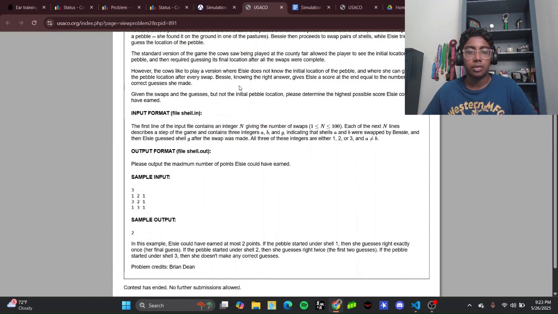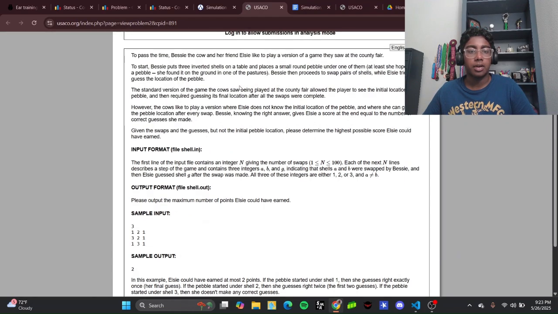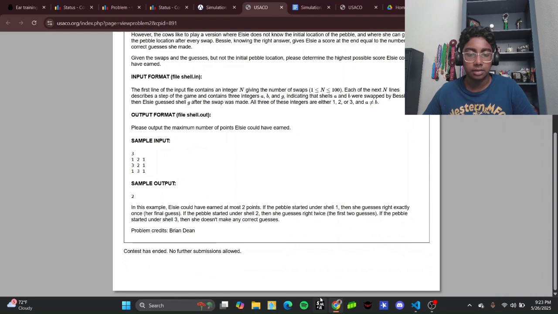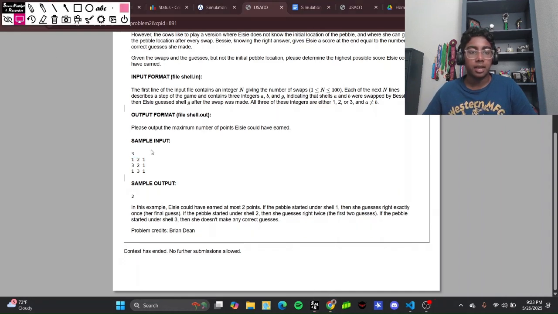Okay, so first we know that there's three shells and one pebble. Let's go through the input format. First you get an integer n, which tells you the number of swaps. Here we see that the first line is an integer, which is 3, and then there are 3 lines following that.